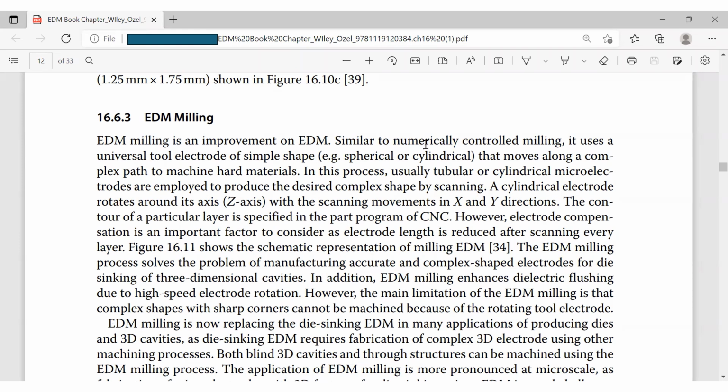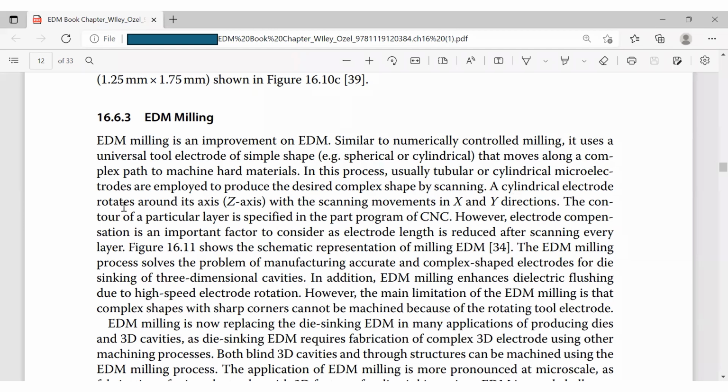Similar to numerically controlled milling, it uses a universal tool electrode of simple shape, spherical or cylindrical, that moves along a complex path to machine hard material. In this process, usually tubular or cylindrical microelectrodes are employed to produce the desired compact shape by scanning.